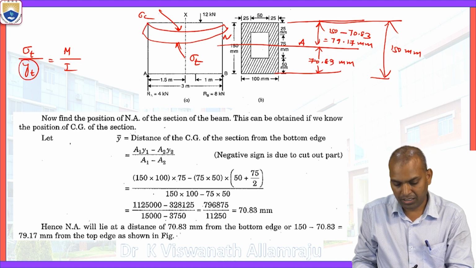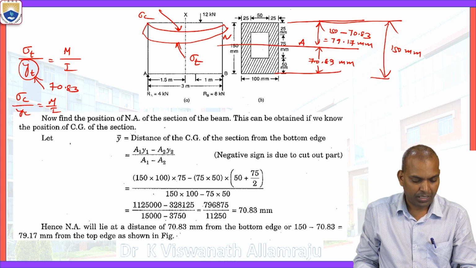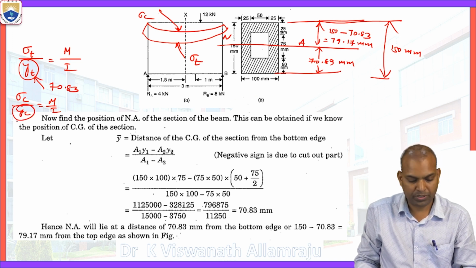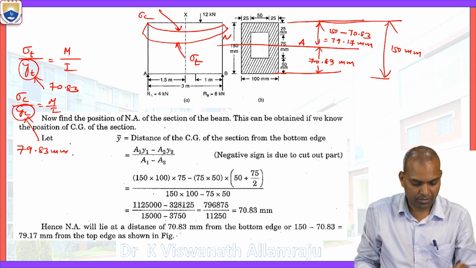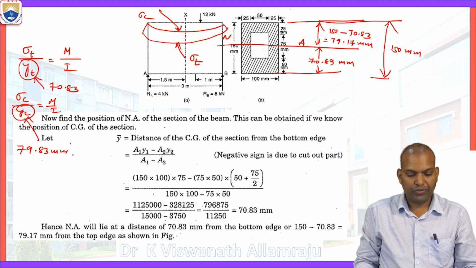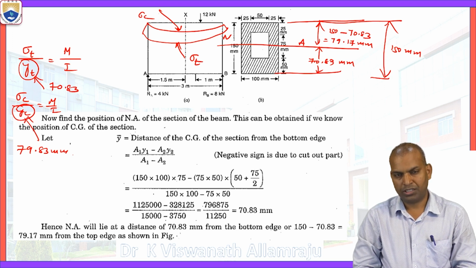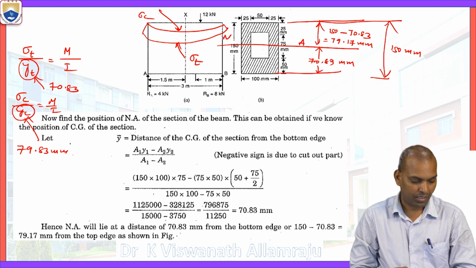The distance yt is 70.83. And in the case of sigma c by yc equals M by I, this yc, the distance of the compressive stress, is 79.17 millimeters. So we calculated the location of the neutral axis, meaning the distances from the topmost fiber and bottommost fiber.